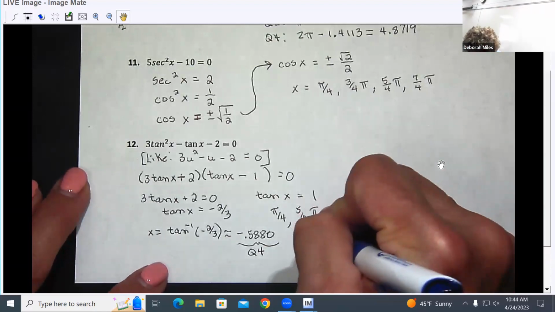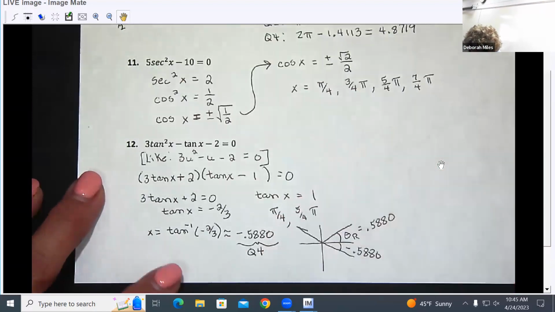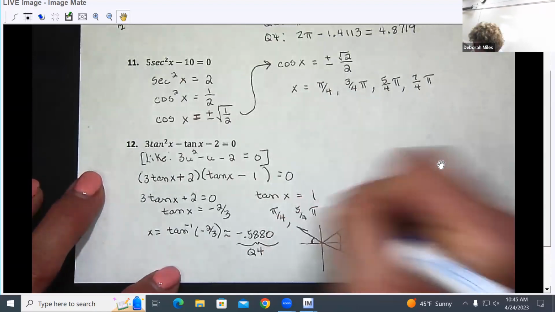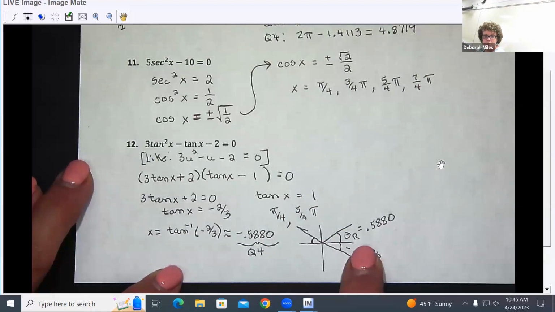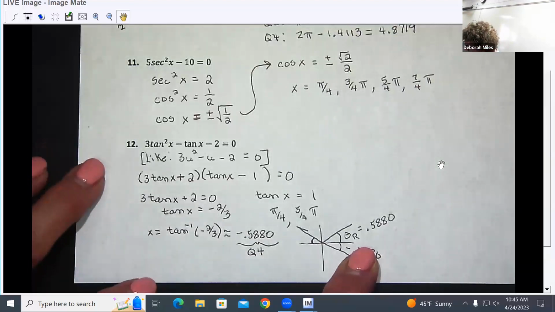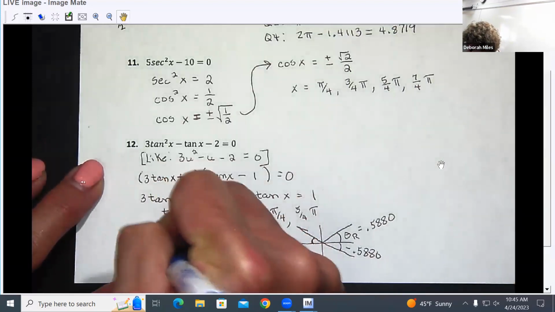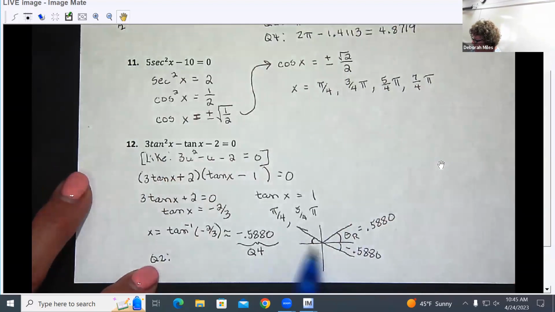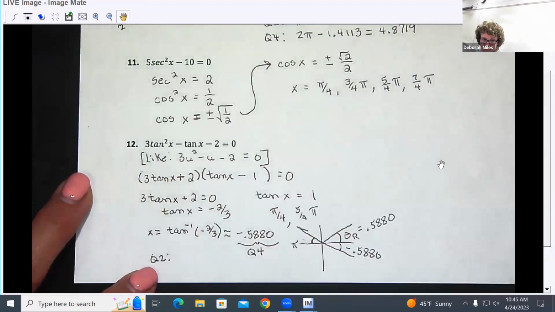And then there's a second quadrant angle, the same distance from the negative x-axis as this is from the positive x-axis. So I'm going to find my second quadrant angle by subtracting that 0.5880 from pi radians.